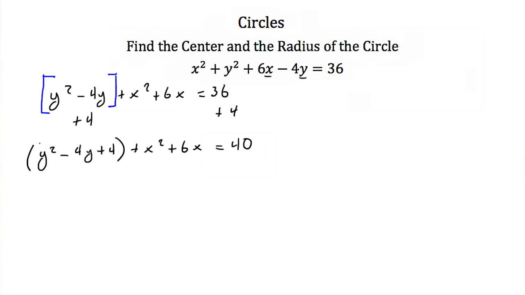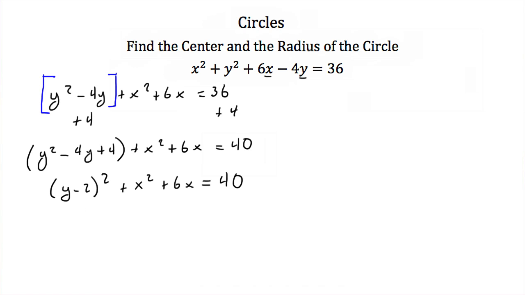Now I can rewrite this y^2 - 4y + 4 into its factored form. This is (y - 2)^2. Now this is still adding x^2 + 6x, and it's still equal to 40. But I've completed the square and turned my y terms into a perfect square.